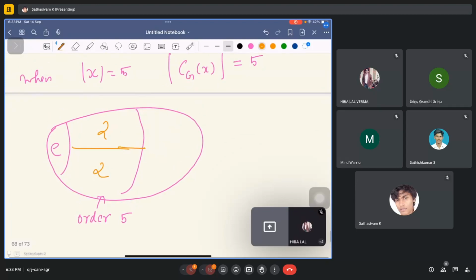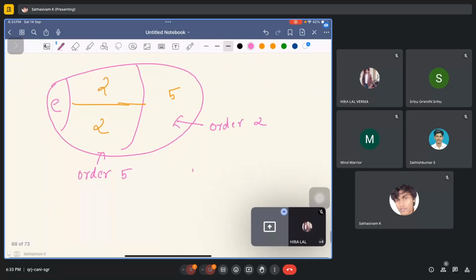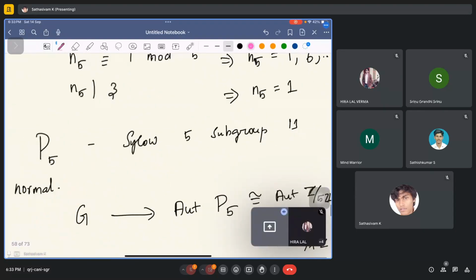And these 5 elements remain the same. So these are order 2. So the class equation will be 1 plus 2 plus 2 plus 5. Okay, so remember this, and let's go on to check what the possibilities are, and we'll strike out the rest.